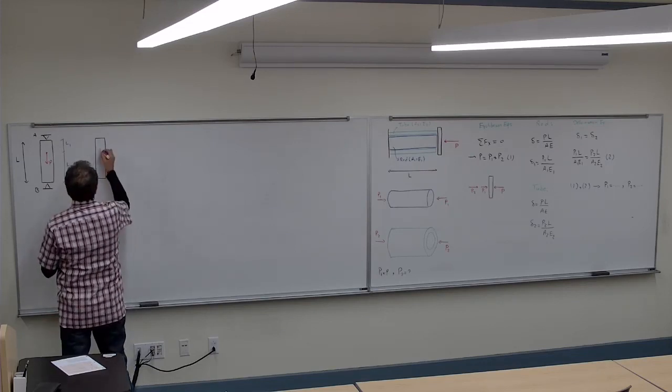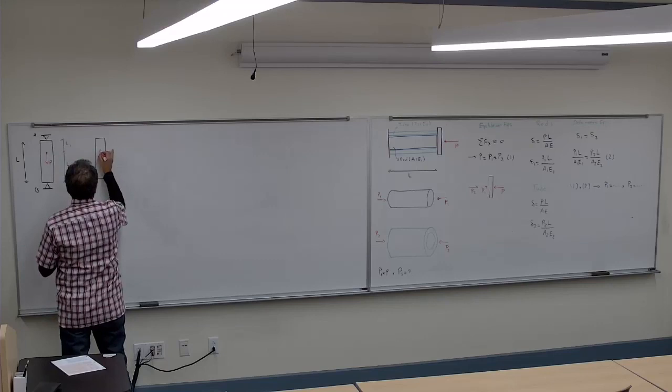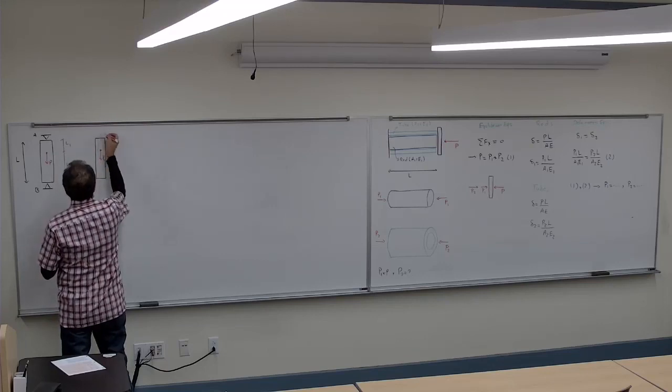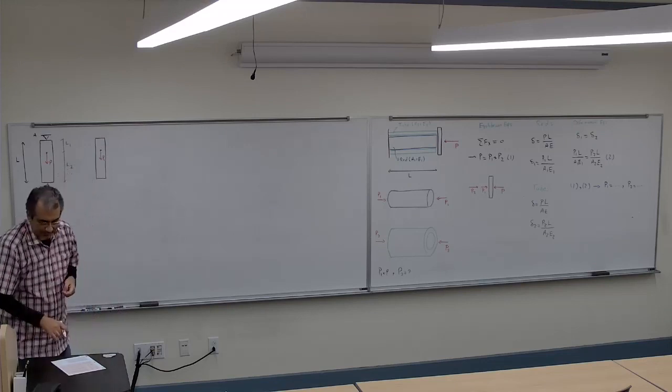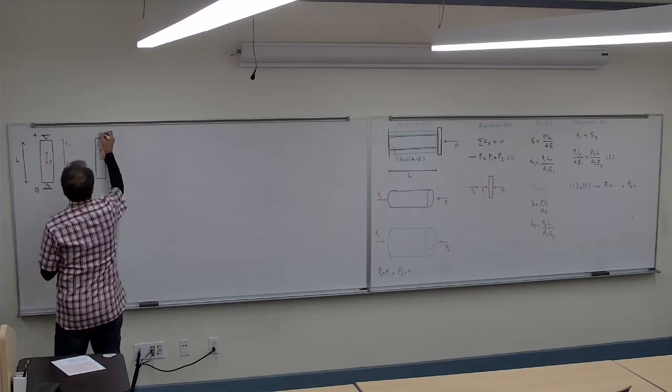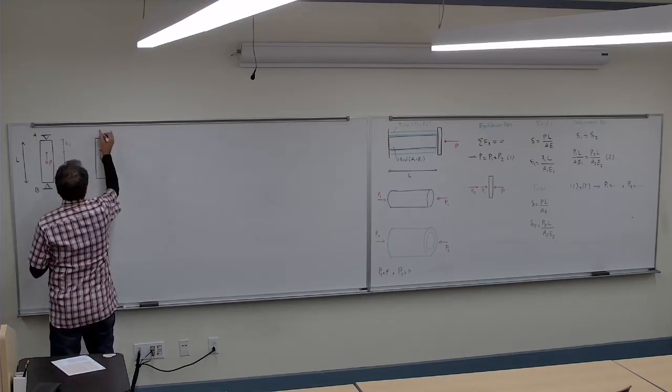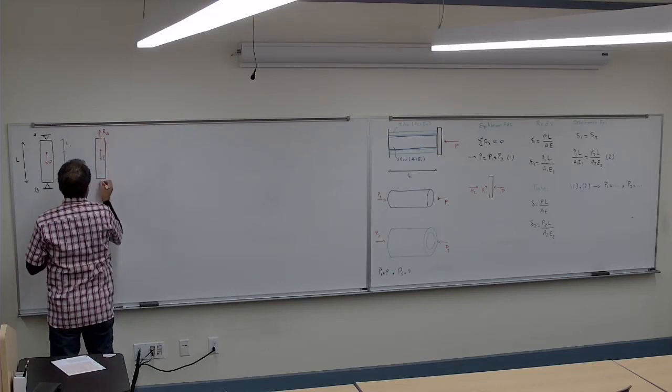So I have the P here, and I have an R at A, and the R at B.